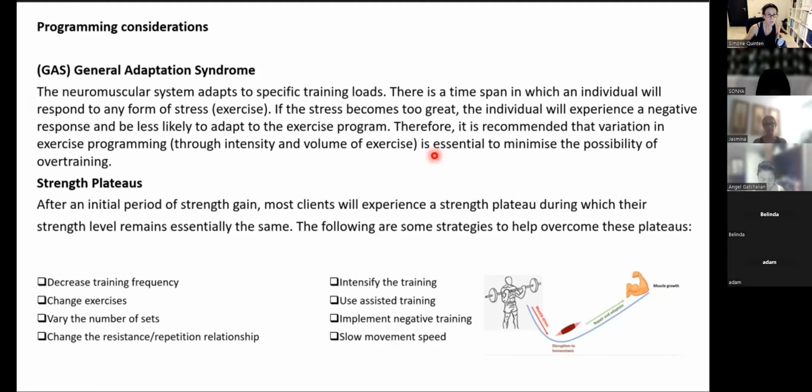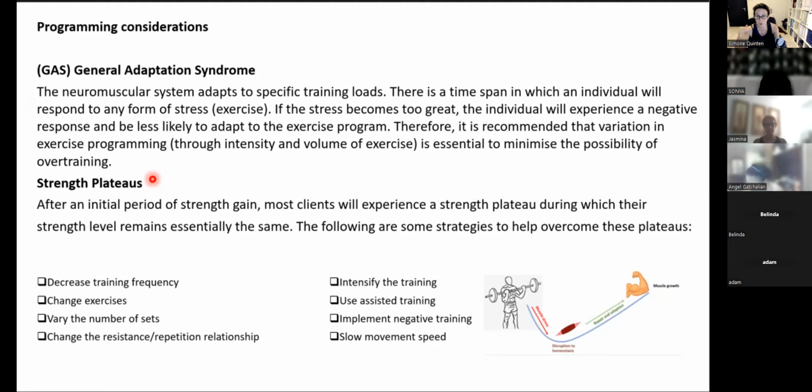Okay. So another consideration, you need to have strength plateaus. Initially, what happens is you will adapt, you will feel sore, and after a while, you do the same exercise. You're not sore anymore. You're fine the next day. You can go for it. But then that also means nothing happens anymore.